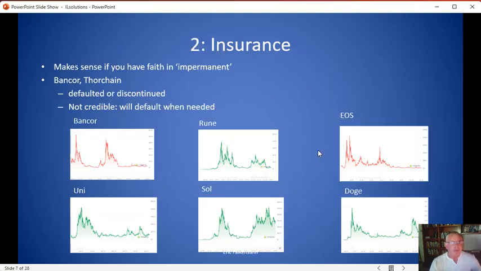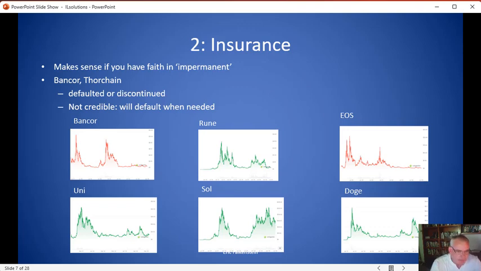But another bad solution is IL protection or insurance. This came from the intuition that it truly is impermanent loss. If it's truly impermanent, the only people who lose are people who are impatient. If you wait long enough, prices revert.